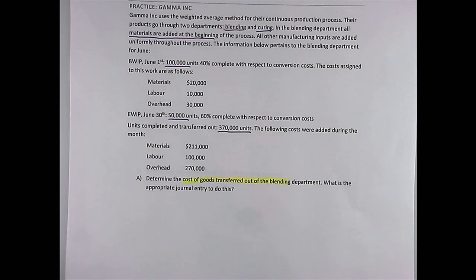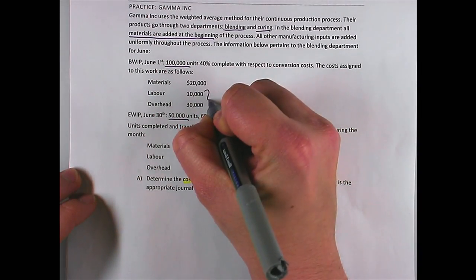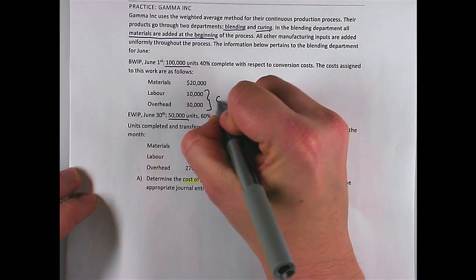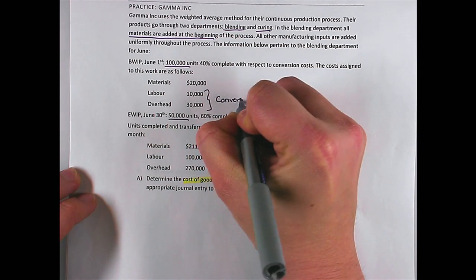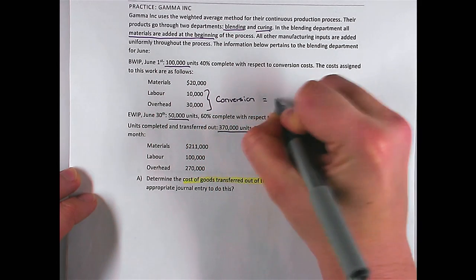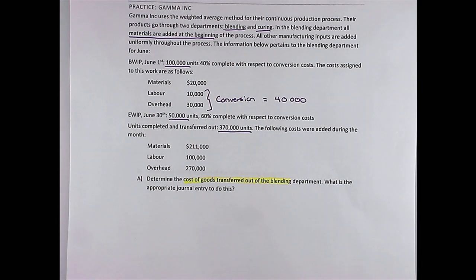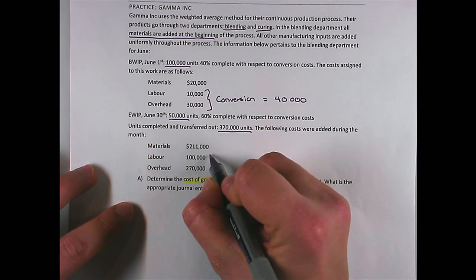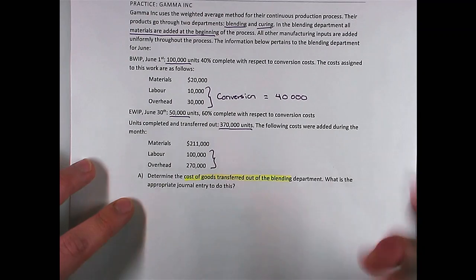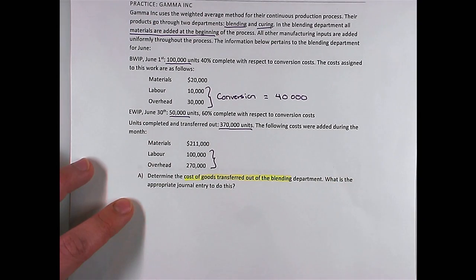Overhead is that we're going to want to make sure that we recognize that labor and overhead, that's our conversion. And so we're going to have a beginning conversion balance of 40,000. We don't actually do materials, labor, and overhead all separately. It's materials and conversion costs when we're doing our process costing. And so that means that for the amount that was added, again, it's going to be labor plus our overhead.